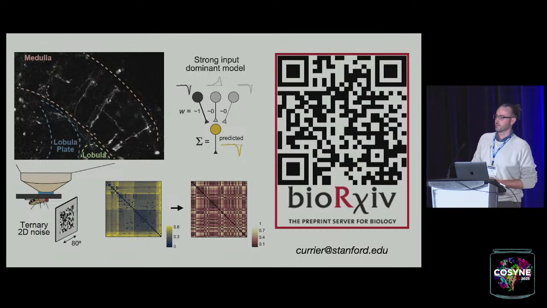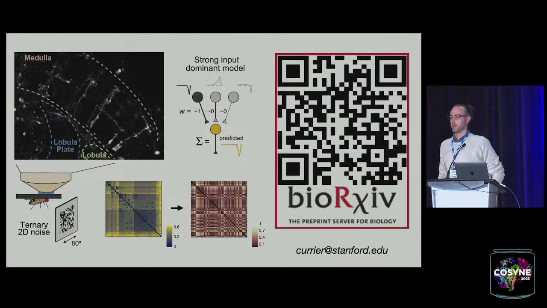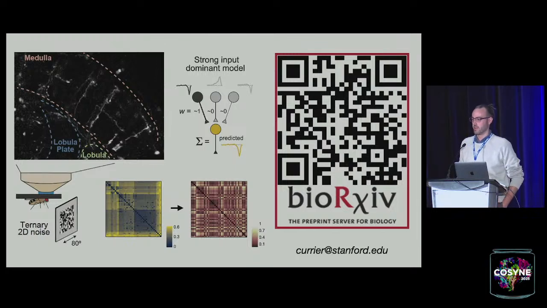Great talk. This is really cool. I'm really curious about this connection, or the lack of connection, between the connectome and physiology. I feel like this is something we see in C. elegans too, where there's this disconnect. There are two possible ways this could happen, and I'm curious about your thoughts.